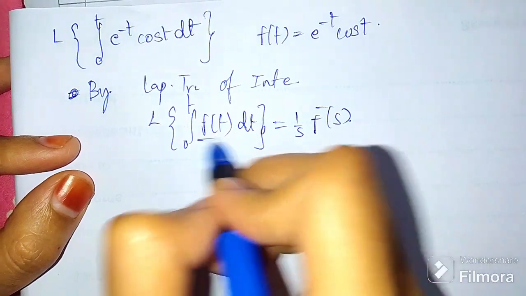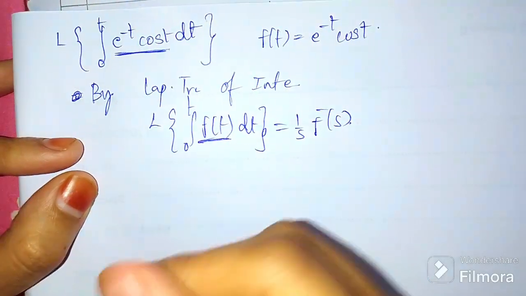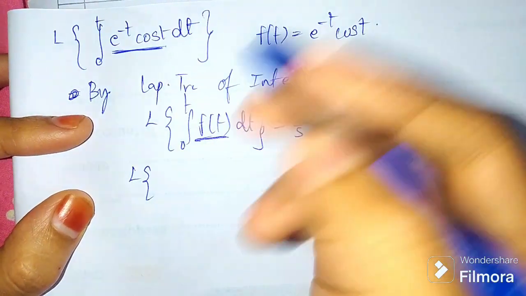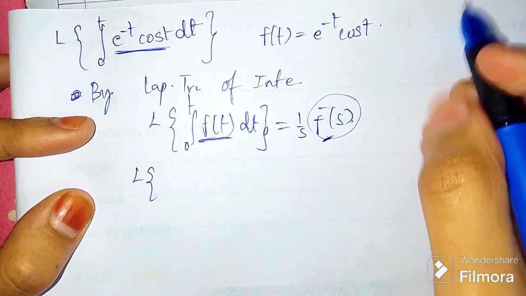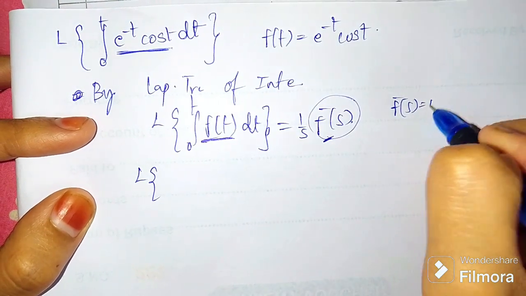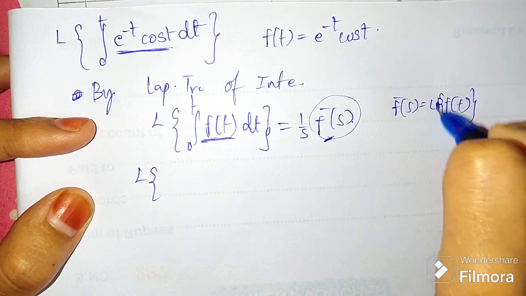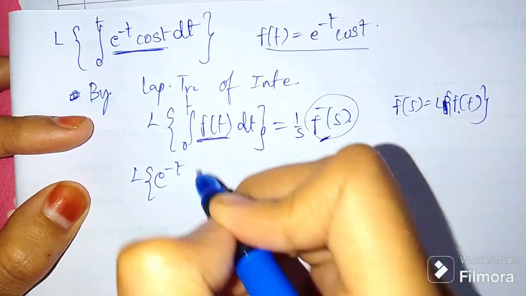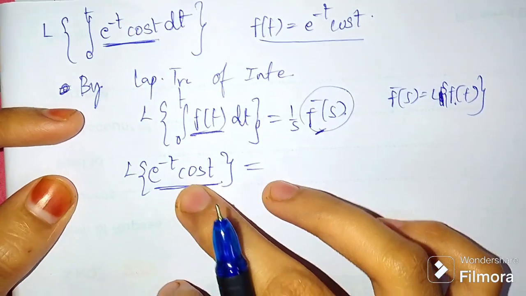So now compare. What is my f of t? Clear? Now we'll take Laplace of f of t, so I have to find f bar of s. How will I get f bar of s? F bar of s is nothing but Laplace of f of t. First let's find it. So this you know very well. Until now we have solved many questions on this.